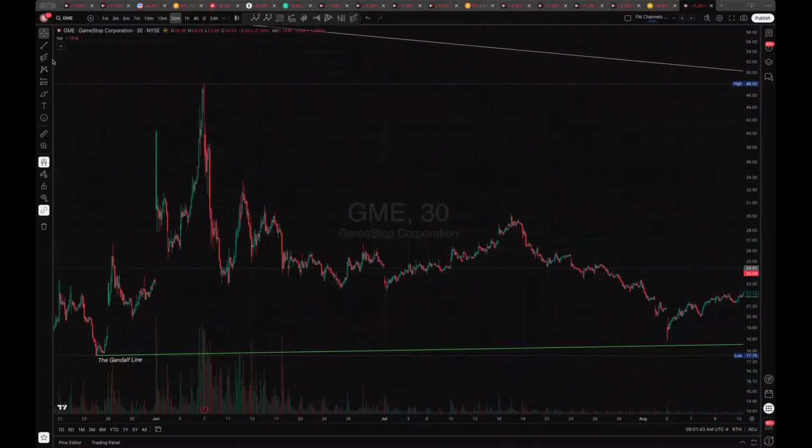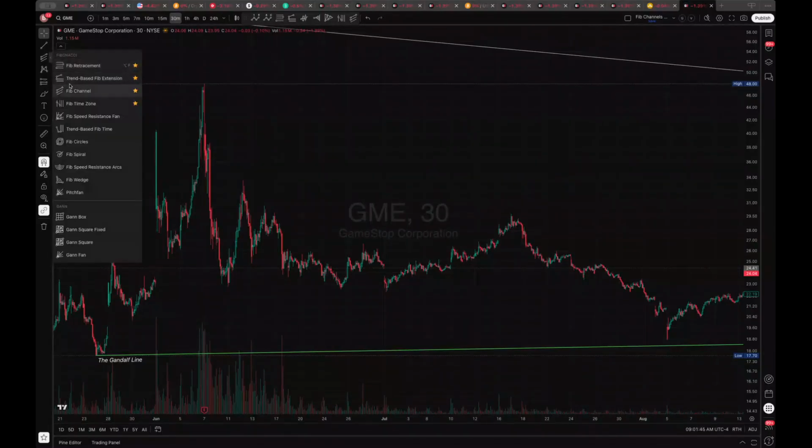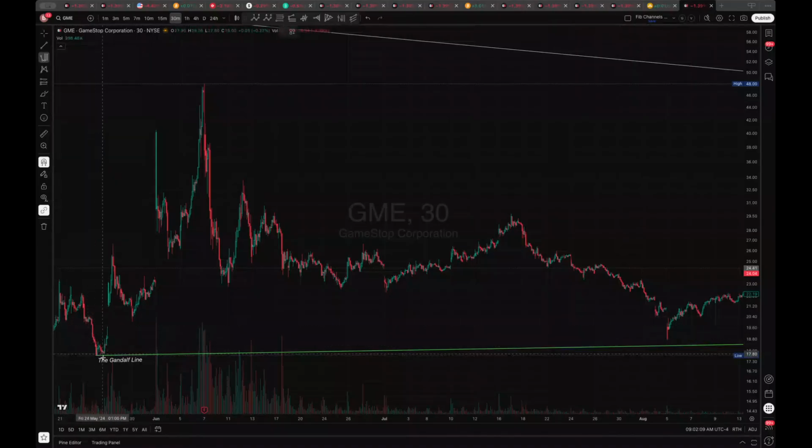The way fib channels work is they use Fibonacci levels just like fib retracements and fib extensions do. In this Fibonacci menu, you have tons of tools that use Fibonacci levels, but in different visual ways. These all use the same math, but they visualize it in different ways. You get Gann boxes and fib spirals. Trend-based fib times are cool.